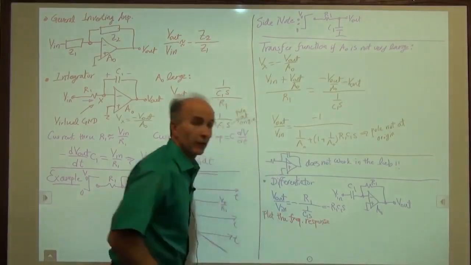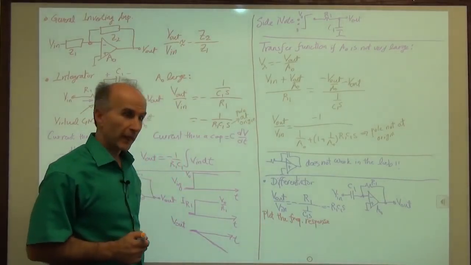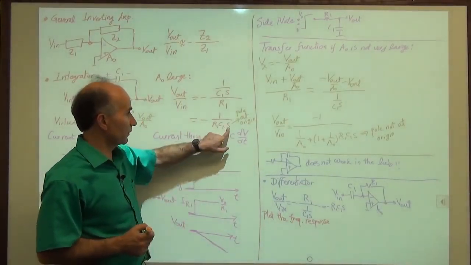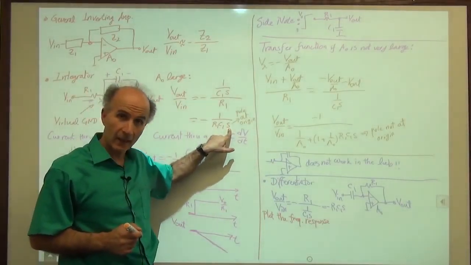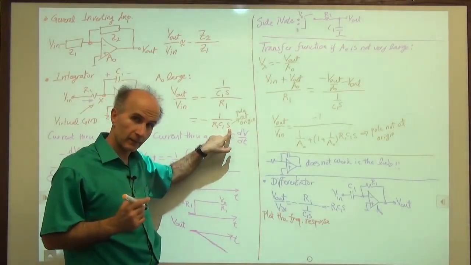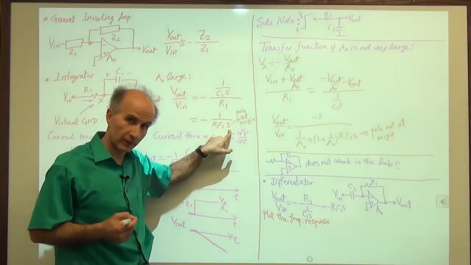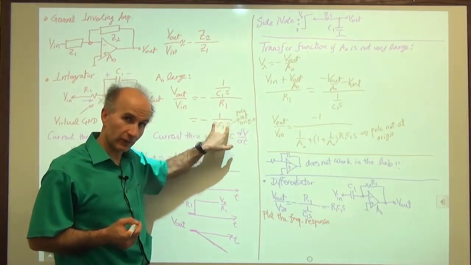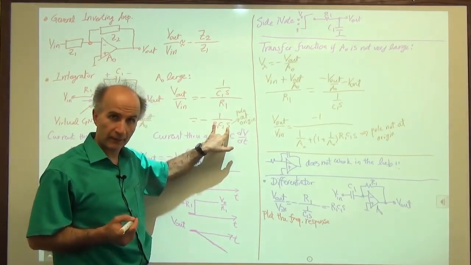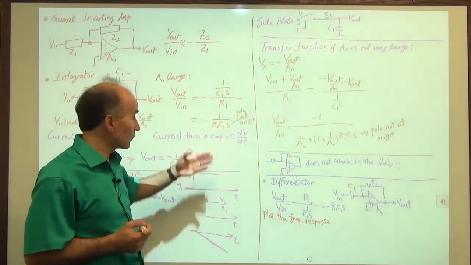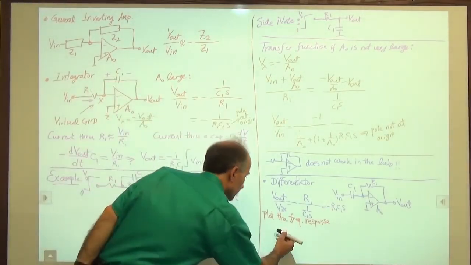This is something that you have learned in basic circuit theory. And to plot the frequency response, what we do is we replace S with j omega, pretending that the input is a sinusoid. We take the magnitude of this and then plot it as a function of omega. So for the integrator, this is what we see.